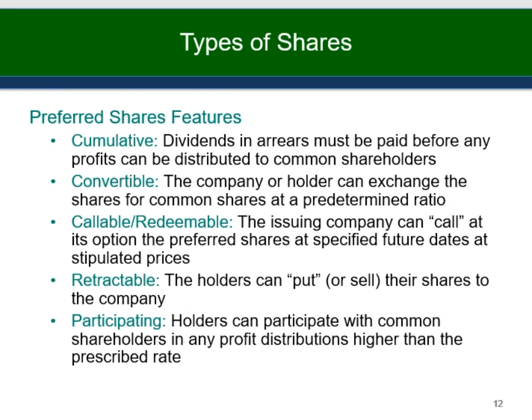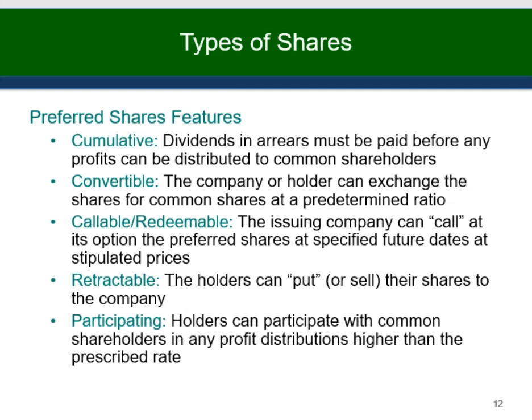Retractable is an option held by the owners or the holders of the shares, and they can sell their shares back to the company with a specific exercise price. And so the shares have a mandatory redemption feature that the issuer can't control, so that the holders can sell their shares back to the company within that redemption period.